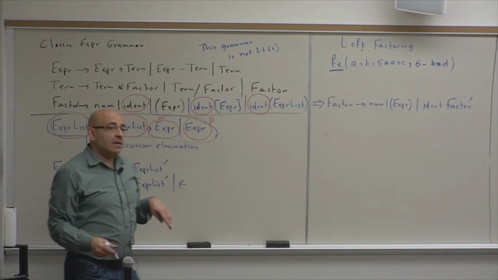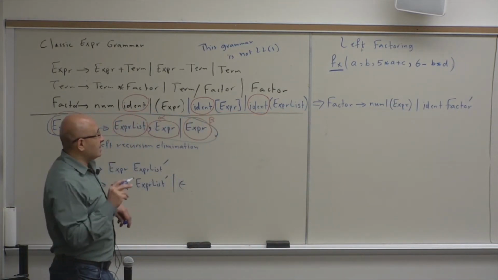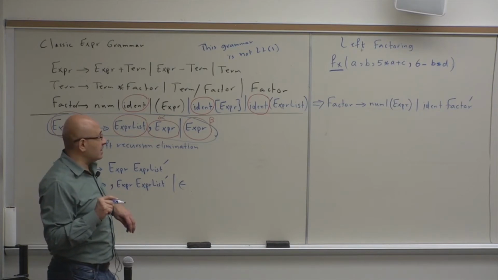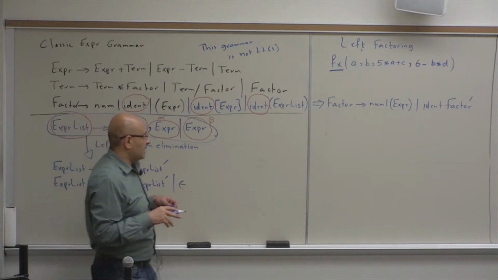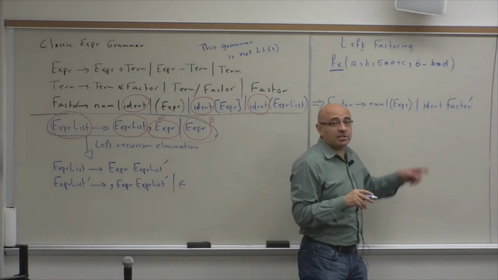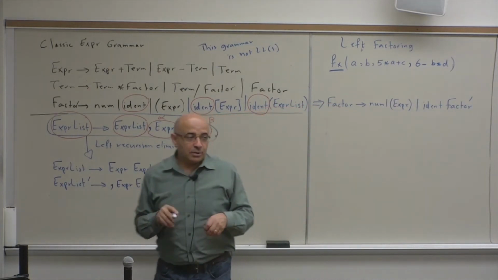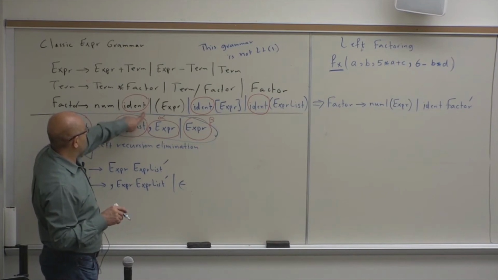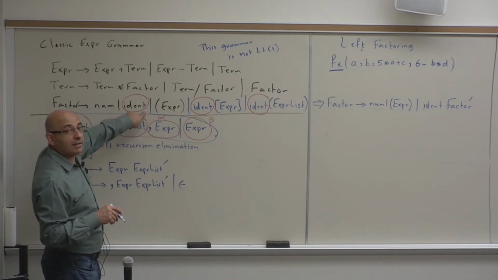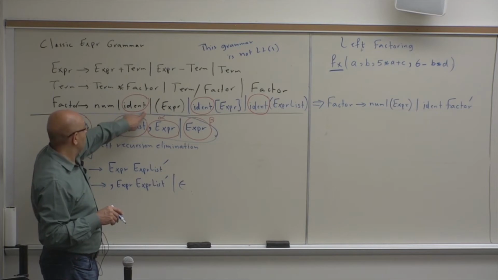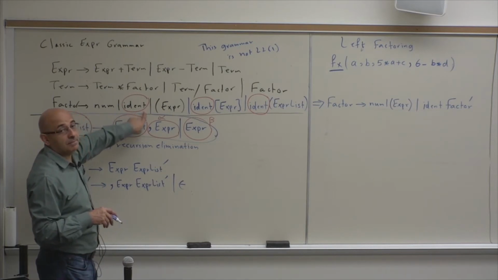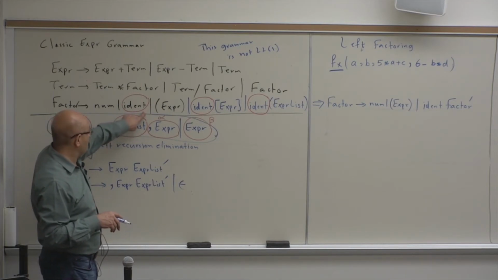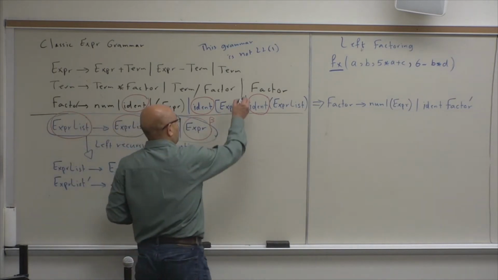Concatenation in grammars, or in formal languages, is just like multiplication. So here, this is multiplied by what? Concatenated with what? This is identifier concatenated with epsilon, and this is identifier concatenated with this thing.